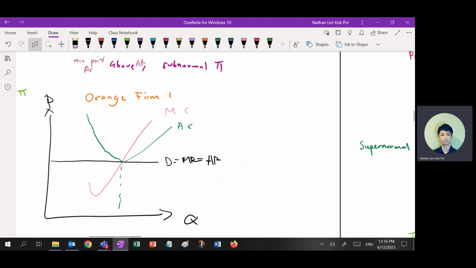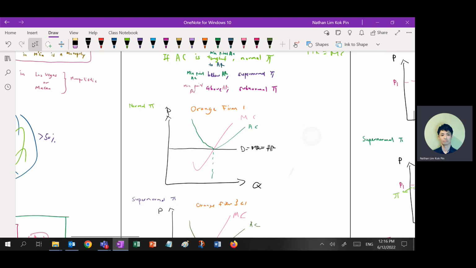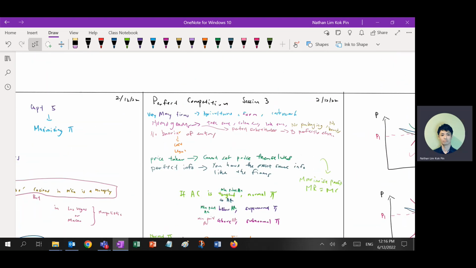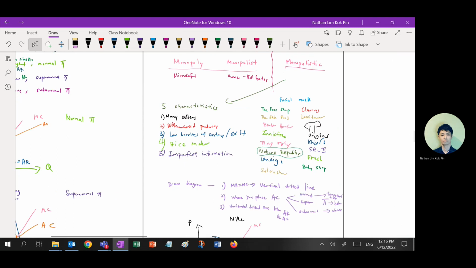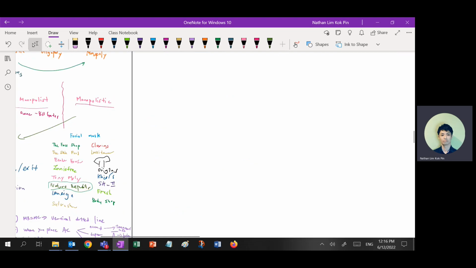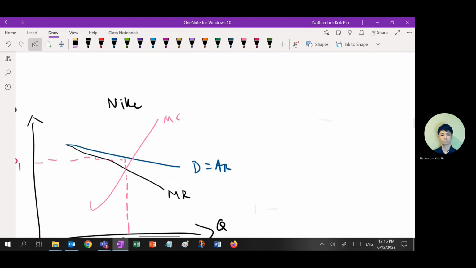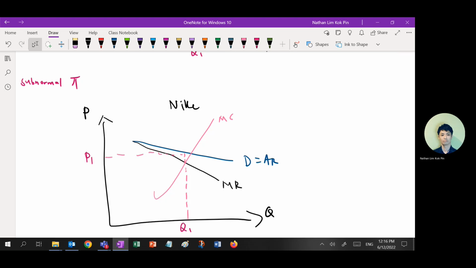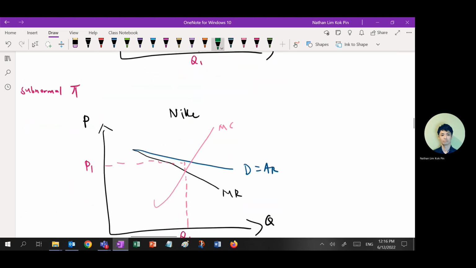So what is different? AC is different. How to draw subnormal? Refer back to my light purple just now. If I want to draw subnormal, what should I do? AC curve must be above. All right, so I draw the AC curve above. Minimum of AC above. Same thing, when you practice yourself, when you touch the MC, straight go up.